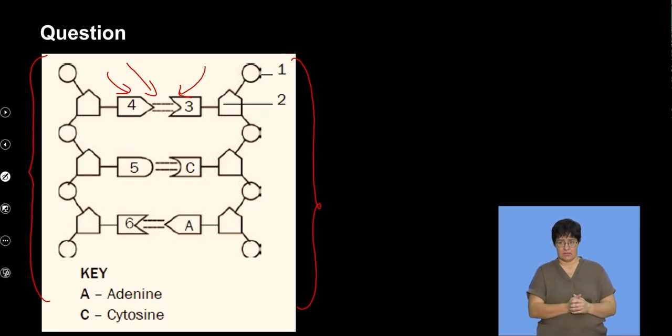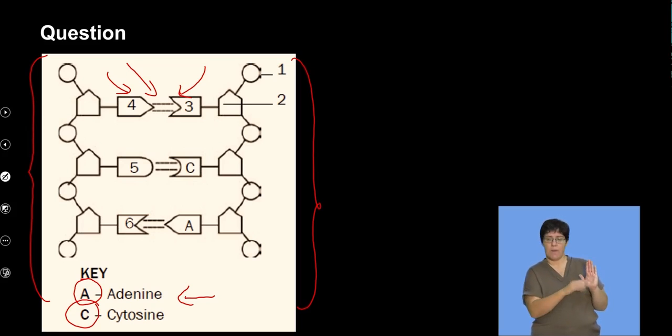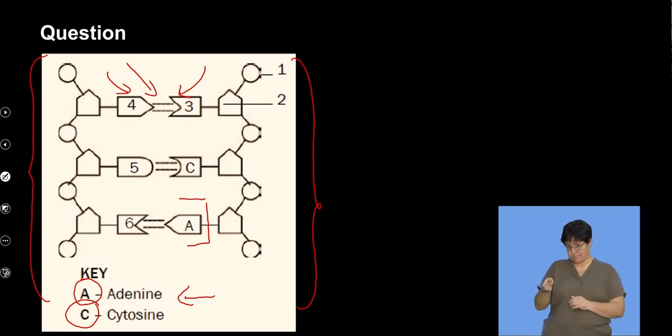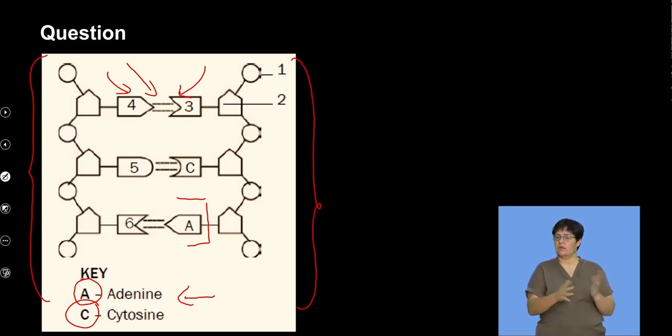Important to this diagram is a key that is given, and this key indicates that adenine is represented using the letter A and cytosine using the letter C. In this diagram, adenine is identified with this specific shape here, and cytosine has been identified with that unique shape.